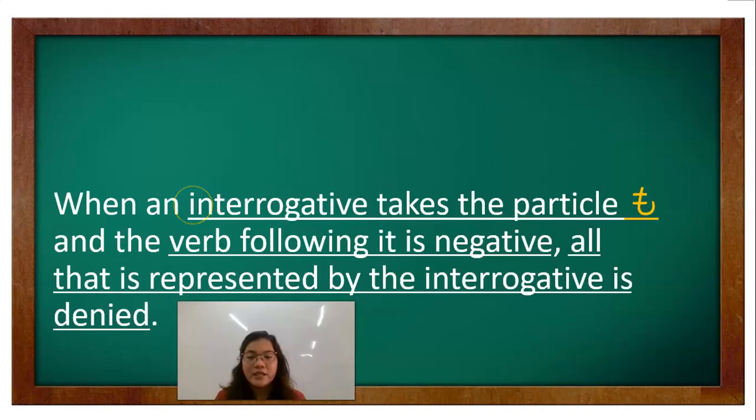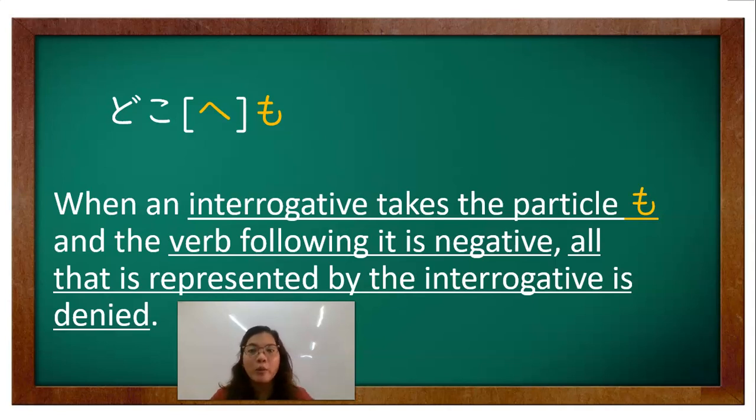Okay, so next sentence pattern is doko e mo. When an interrogative takes the particle mo and the verb following it is negative, all that is represented by the interrogative is denied. Na pag si interrogative, katabi niya si mo at yung verb na kasunod niya ay negative, ibig sabihin na wala or hindi niya ginawa yung tinatanong mo.